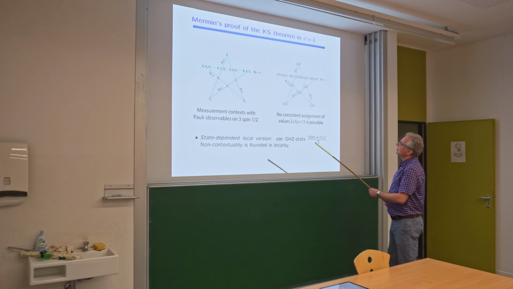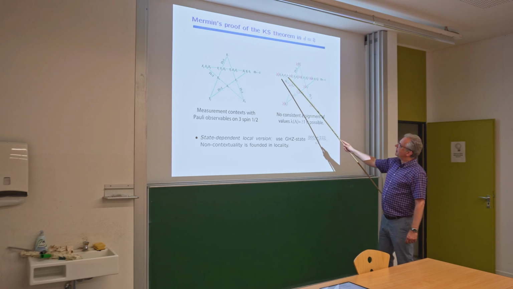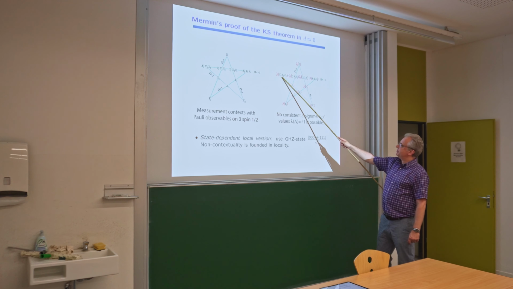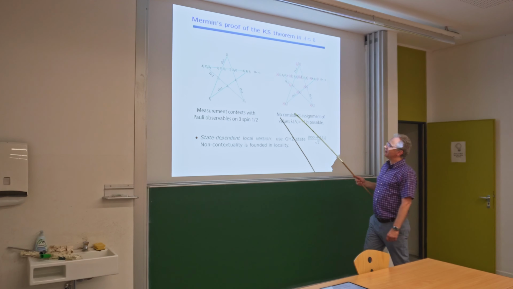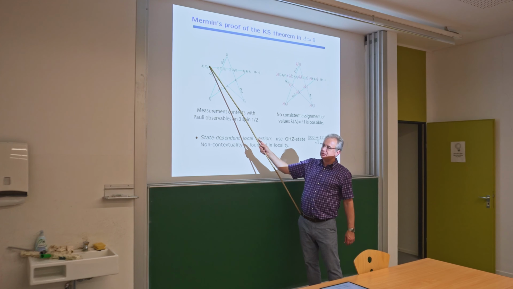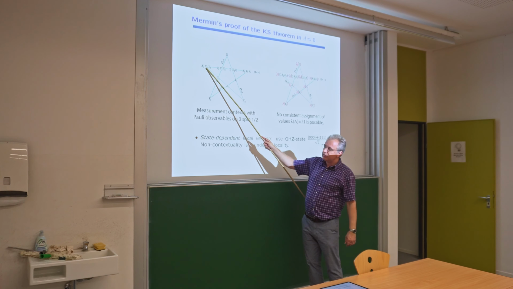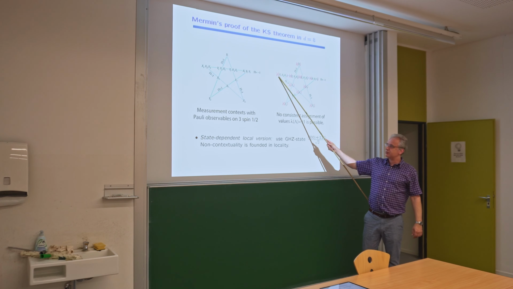Okay. So the observables multiply to minus the identity. If we have values, then these values must respect the properties of quantum mechanics. Quantum mechanics says this is a Pauli observable, so the eigenvalues are plus or minus 1. So the values lambda must be plus or minus 1. They must reproduce this.